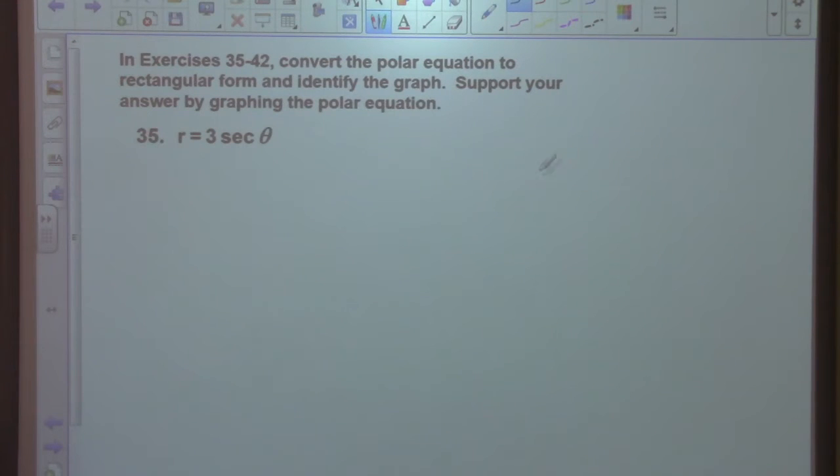But basically, we have x equals r cosine theta. You all remember that one, right? That's an important one. And what would the other equation be? y equals r sine theta. Very good. Okay, Justin, excellent work there.